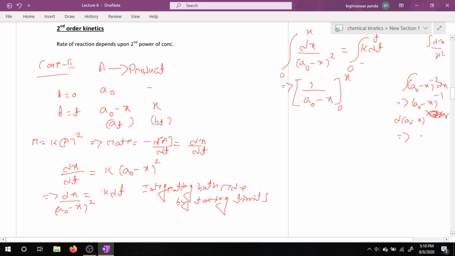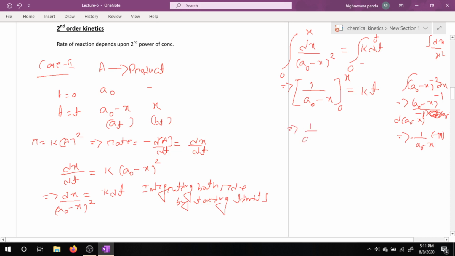So by solving this I can write 1 by a naught minus x, divided by a naught minus x to the power minus 2 plus 1 divided by minus 2 plus 1. Here minus x, it is minus, so minus minus plus, so simply I am writing here 1 by a naught minus x equal to kt.